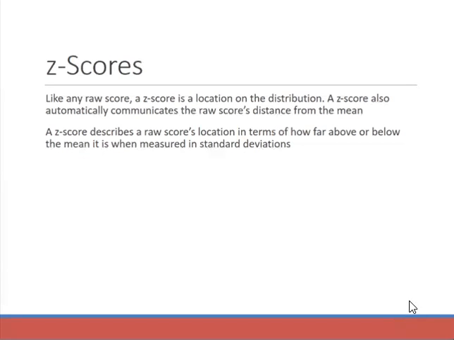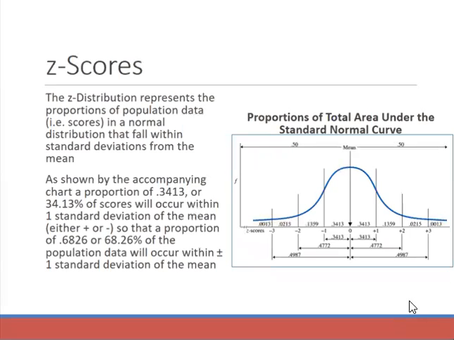So z-scores can be individual scores, and a z-score also automatically communicates the raw score's distance from the mean. So if you're looking at a score that has been converted to a z-score, you know a lot of information about that score. You know how far the score was from the mean and whether it was above or below the mean in terms of the number of standard deviations.